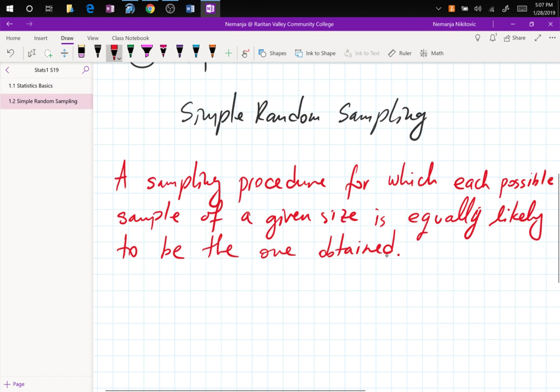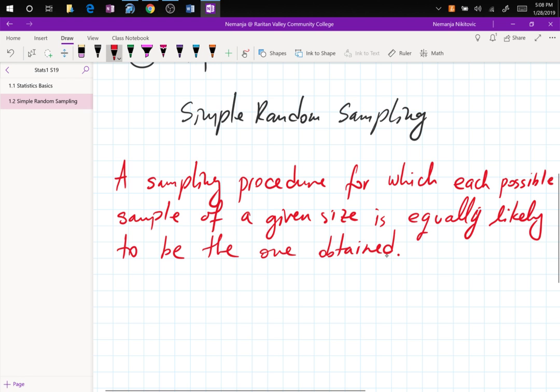You can see that no matter how many times you do that, you will always be picking 10, and they will be different, and there is no real reason why one sample would be more likely to be picked than the other, because all of the names are in the same bag, all of the names are the same size of paper, all of the names are written by the same pencil or pen, so you can't really tell by touching the papers.